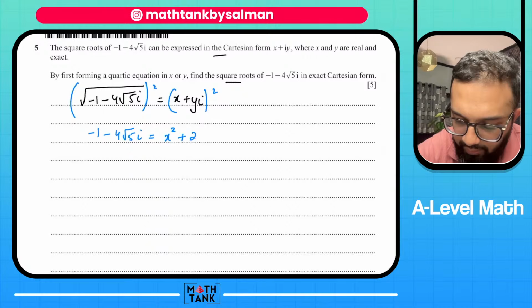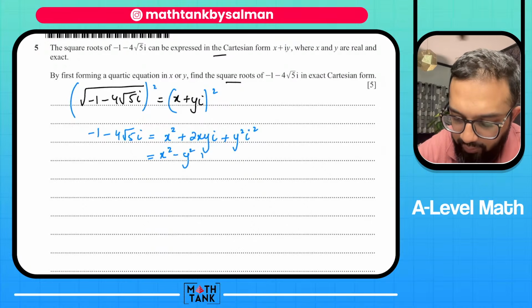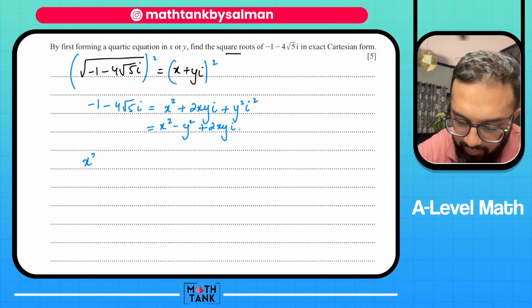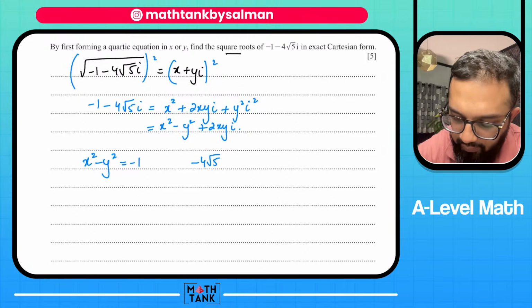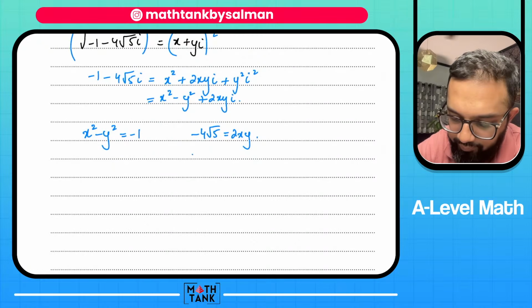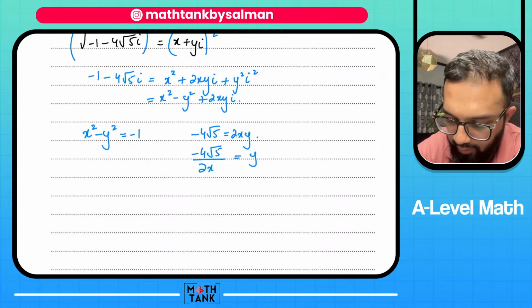x squared plus 2xyi plus y squared i squared. I have x squared minus y squared plus 2xyi. So x squared minus y squared should equal minus 1, and minus 4 root 5 should equal 2xy. Okay, I have to take some sort of substitution. So y is minus 2 root 5 over x.